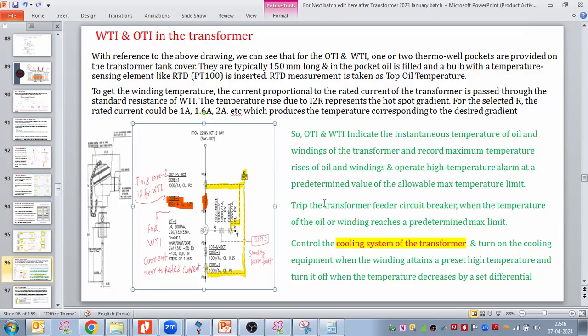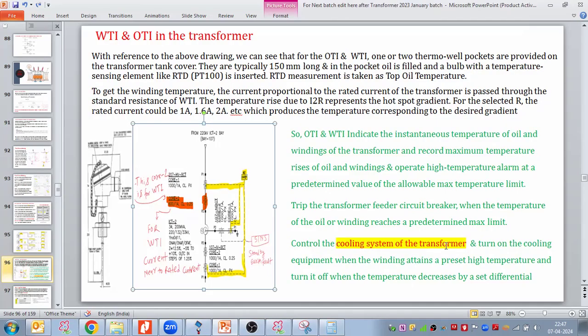So alarm at the predetermined value of the allowable maximum temperature limit, and trip the transformer circuit breaker when the temperature of the oil or winding reaches a predetermined maximum limit. So they have the capability to issue the trip command to the breaker as well.